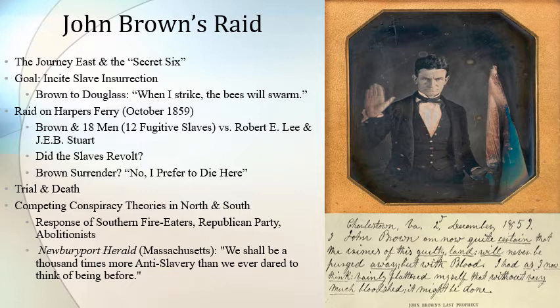So for instance, Republicans also often pointed to the 1850 Fugitive Slave Act that we talked about previously, and the 1854 Kansas-Nebraska Act. And they pointed to this as proof of what was known as the slave power conspiracy. The slave power conspiracy.